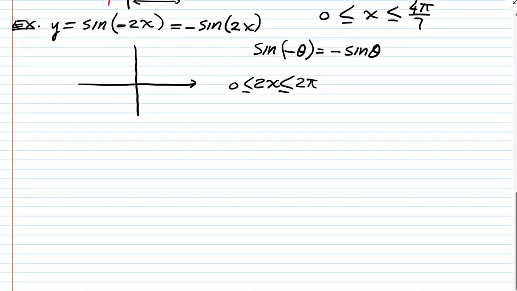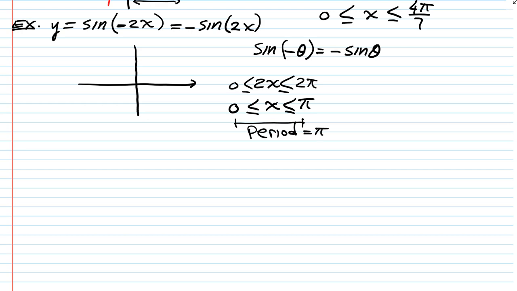Divide everything in this inequality by 2 and I get x lying between 0 and pi. The length of this interval is the period of this function. The period seems to be pi. Or you can do the period as a formula, 2 pi over 2, and you get pi. Remember 2, that's the number, that's your omega in the general form.